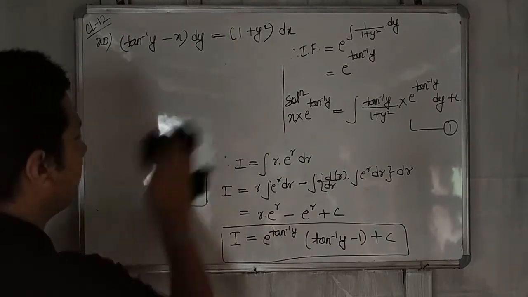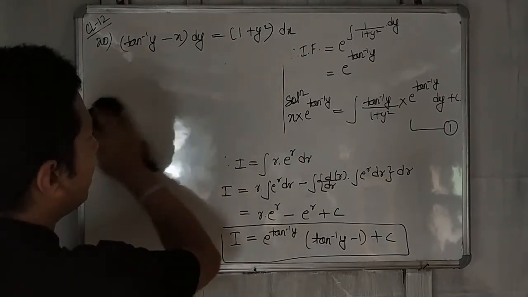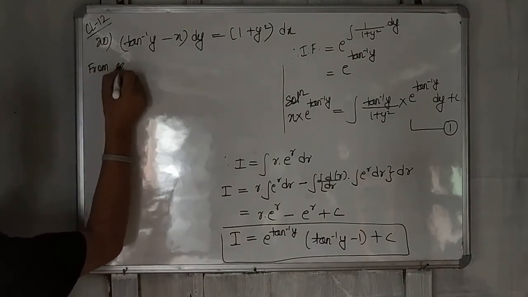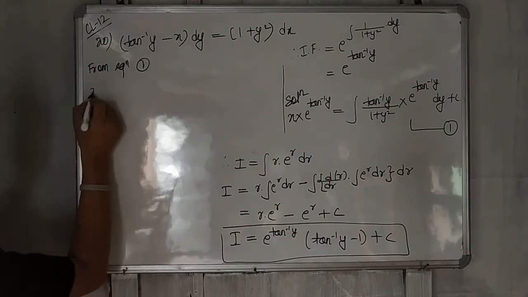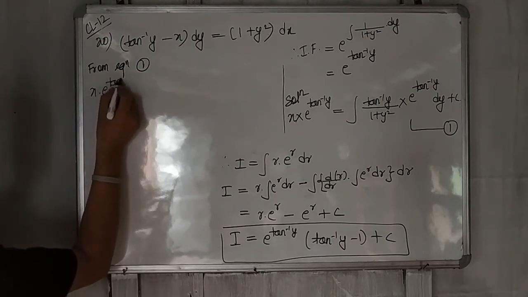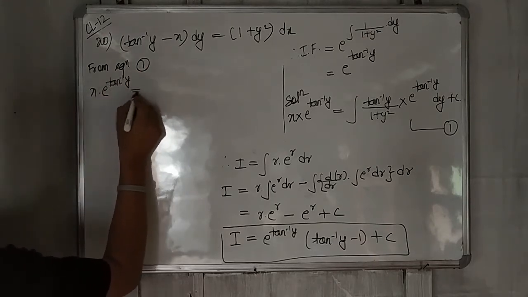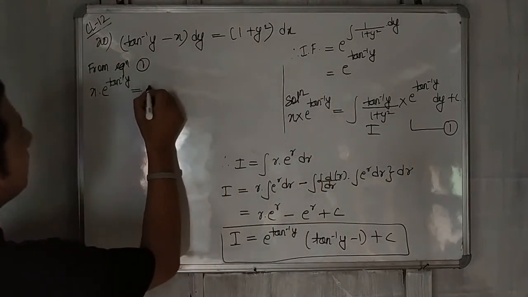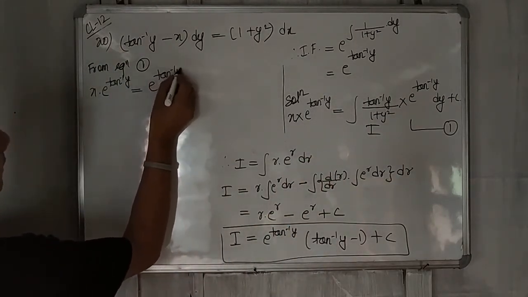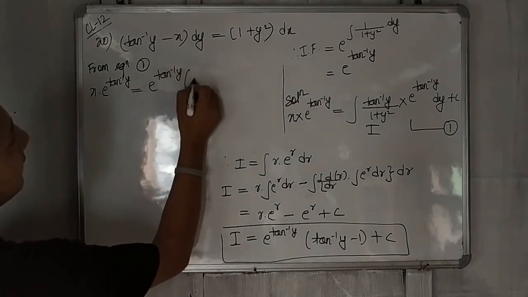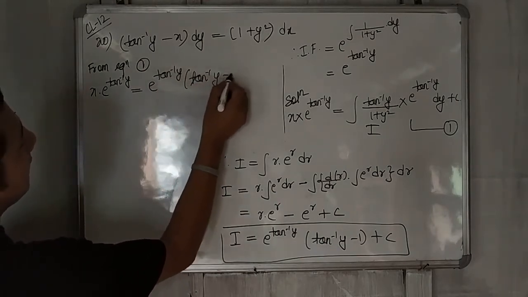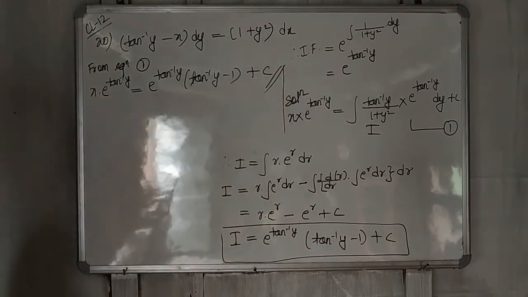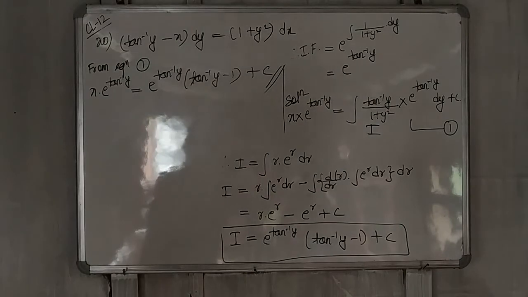So finally my solution will be, from equation 1, x into e to the power tan inverse y is equal to the value for I. This is my capital I. Okay, e to the power tan inverse y and (tan inverse y minus 1) plus c. So this is my final solution. So pause the video and note it down.